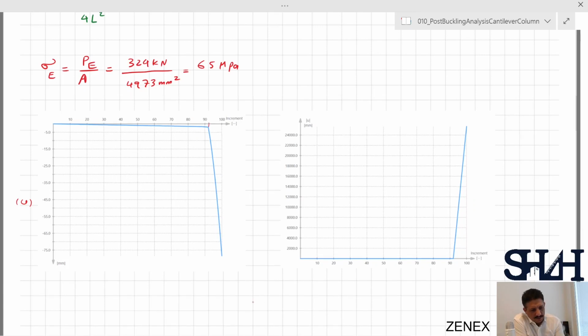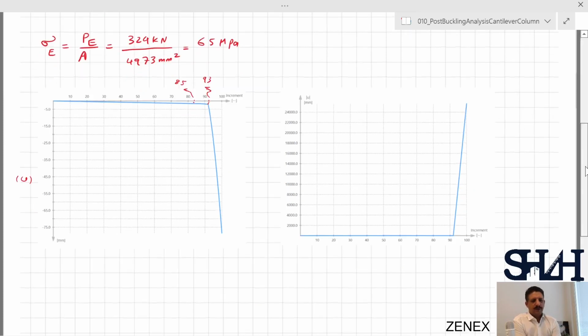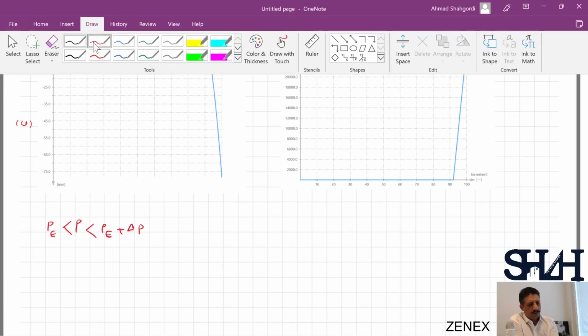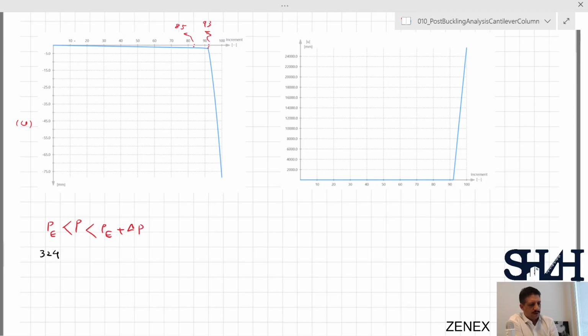So if you remember, it was about step 93. And after that, the factor was about 85. So from step 85 to 93, this is the delta P that it is stable and in equilibrium. So from P between PE and PE plus delta P. So let's say PE was 324, and this is the 93 steps.